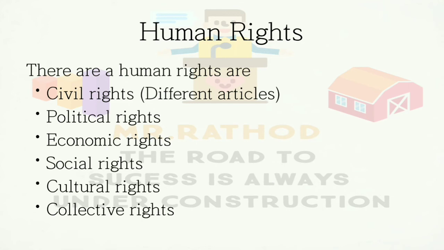Next one, social rights. They include the right to education and consenting marriages. Next one, cultural rights. They include the right to freely participate in one's cultural community. And next one, collective rights. They include the right to self-determination.